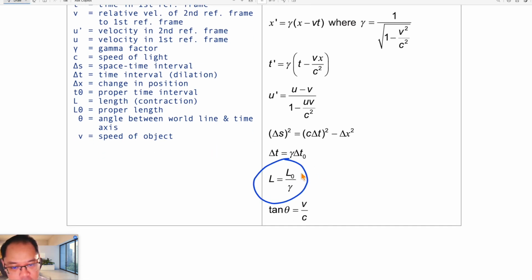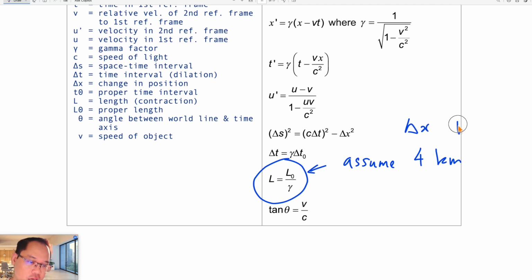The length contraction is the proper length divided by gamma, but to use this second method, we need to assume that the distance of 4 kilometers, the delta S in the reference frame F, is the proper length, which is the answer of the next part D.